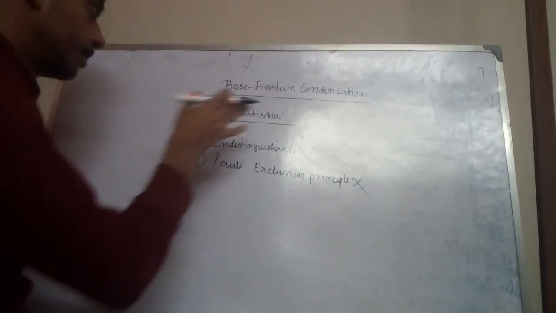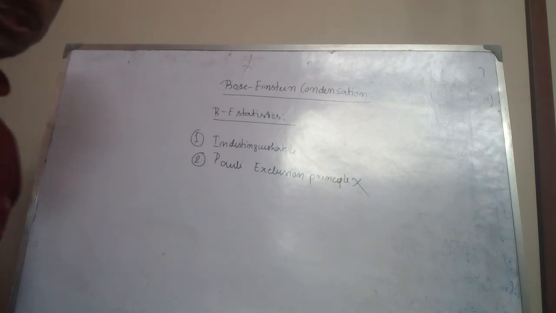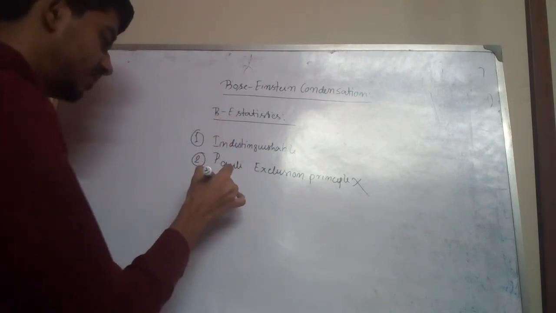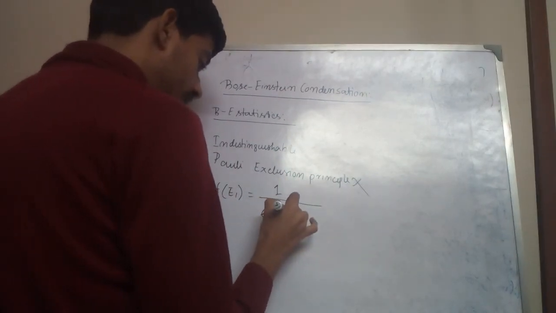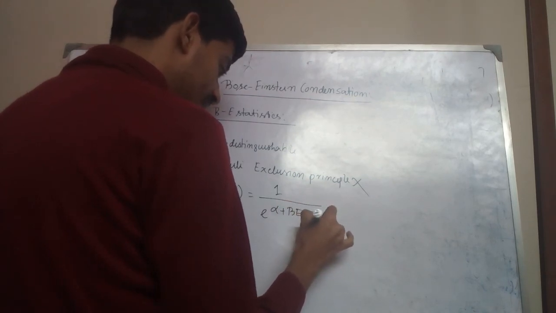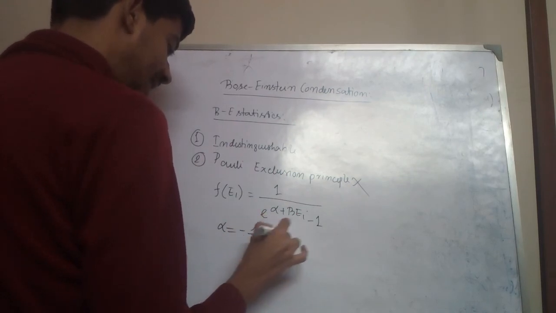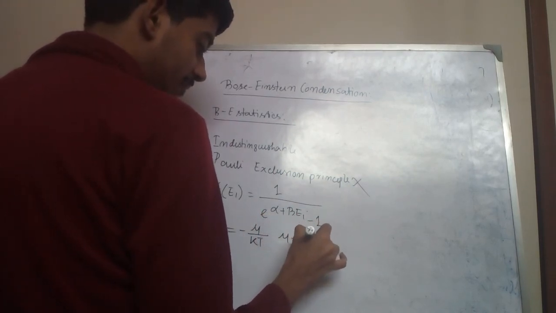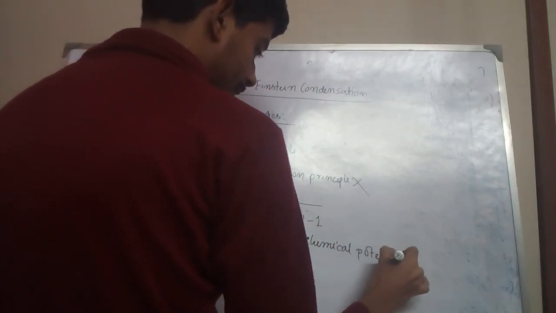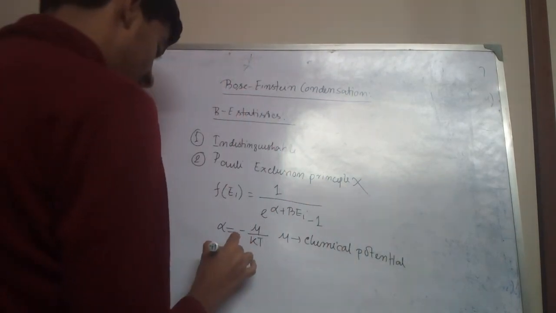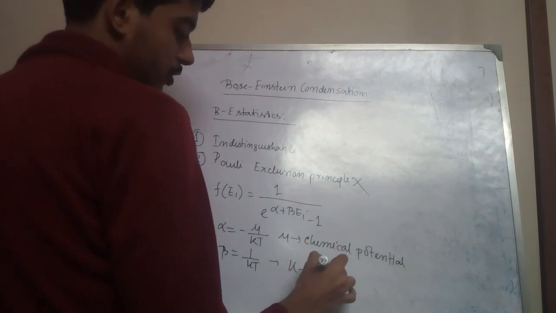If we follow that statistics and want to know the distribution function, that is the Bose-Einstein distribution function, it is 1 by e to the power alpha plus beta epsilon i minus 1, where alpha is minus mu by kT, where mu is the chemical potential, and beta is 1 by kT, and k is obviously the Boltzmann constant.